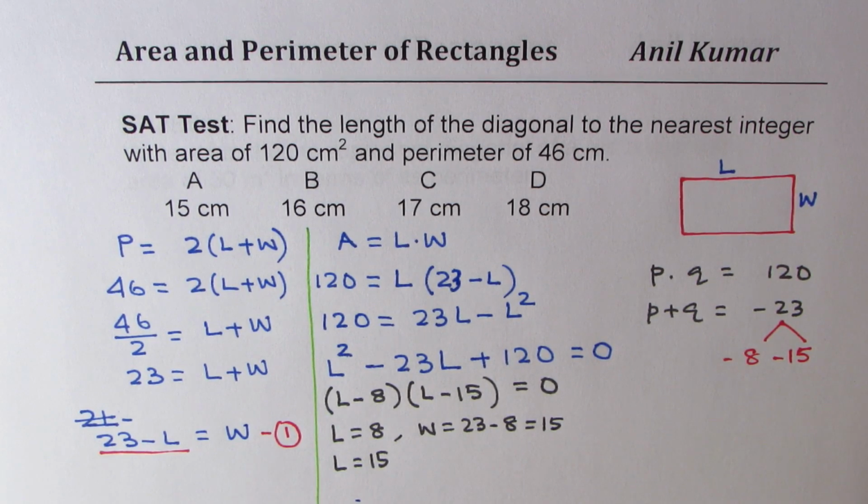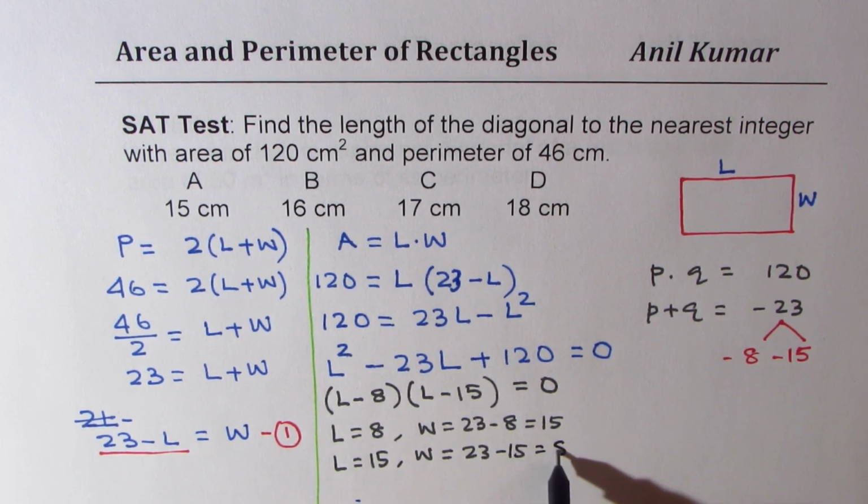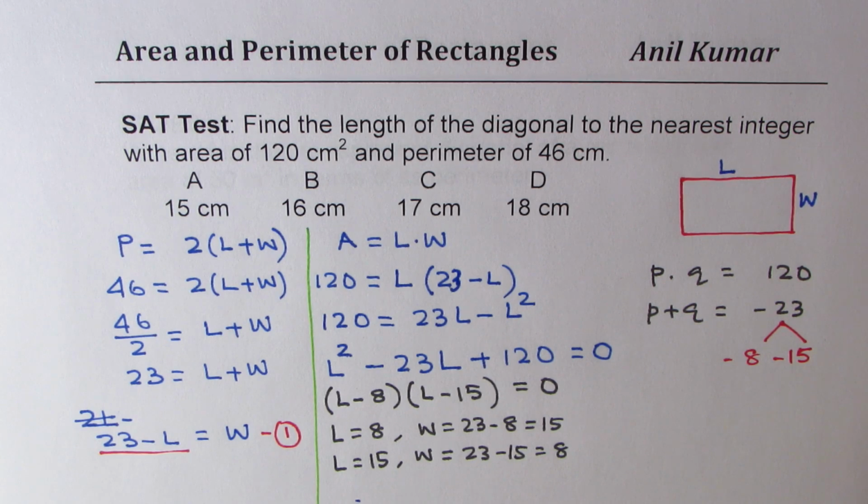And if I put 15 here, then the width will be 23 minus 15, which is 8. In any case, we get length of 15 and width of 8, correct?